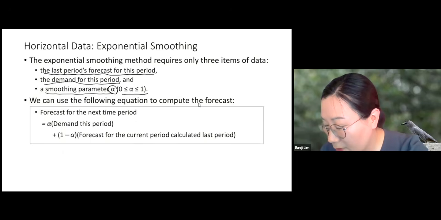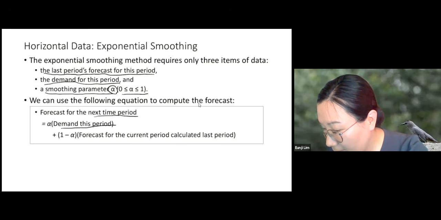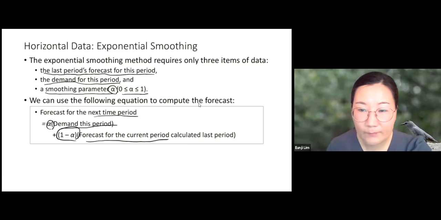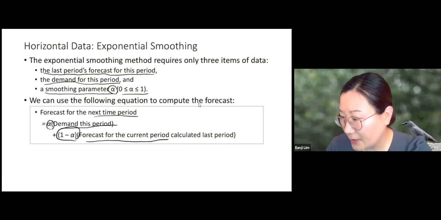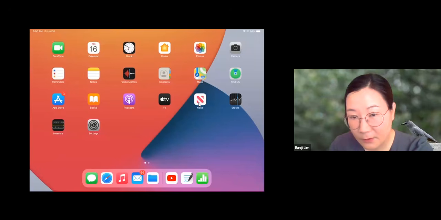And you can use the following equation to compute the forecast. The forecast for the next time period is demand in this time period times alpha plus the forecast for the current time period times 1 minus alpha. Okay, so this is another way of making a forecast.